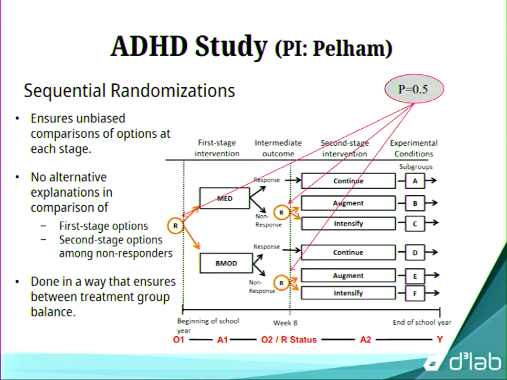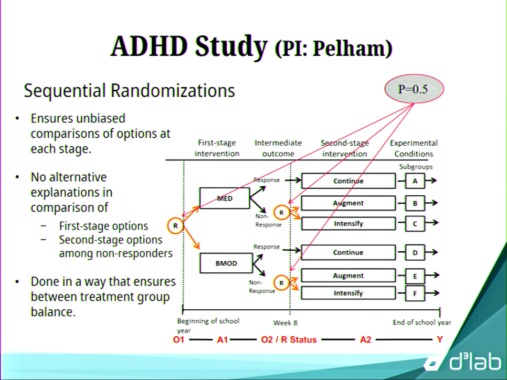I use O2 to describe any variables that were measured after the first stage intervention options were assigned and before the second stage randomization. I'm going to say it again, so don't worry about it. R is an indicator for the response status. A2 is an indicator for the second stage intervention options. And Y is the outcome.